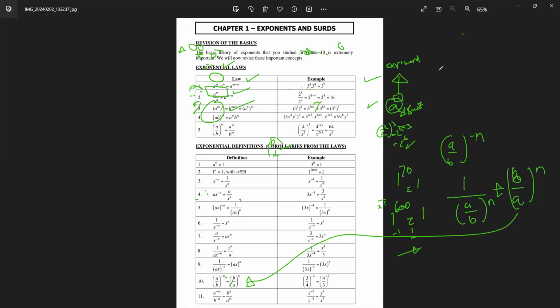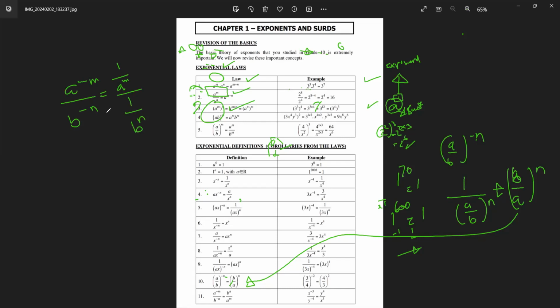Another thing, if we have a to the negative m divided by b to the negative n, they're saying it is equivalent to that, because we know that any number to the exponent of a negative number will give us a fraction. So it will be equal to 1 over a to the exponent of m divided by 1 over b to the exponent of n.